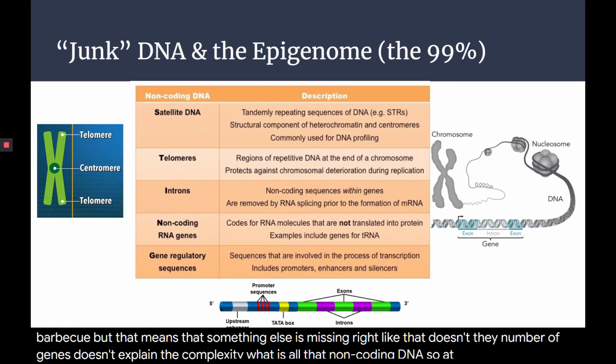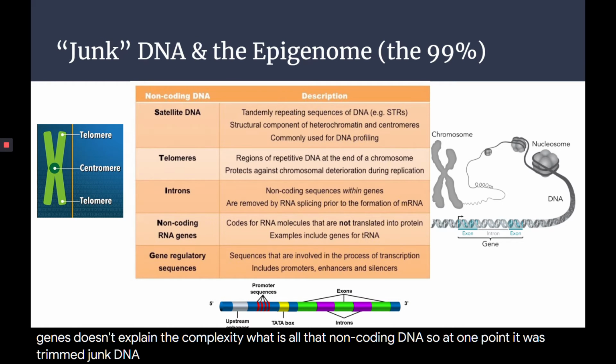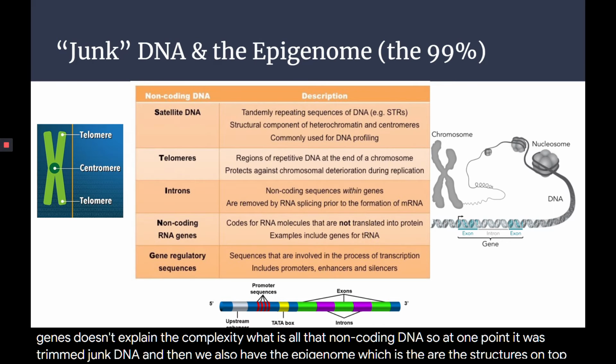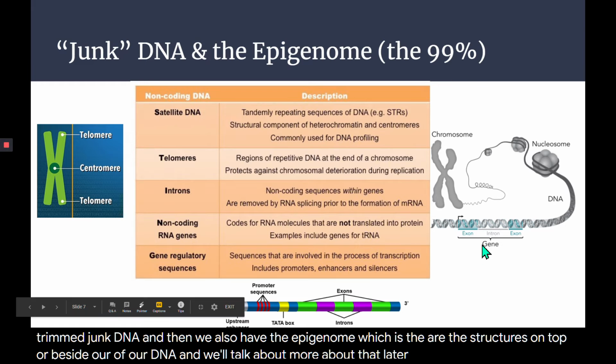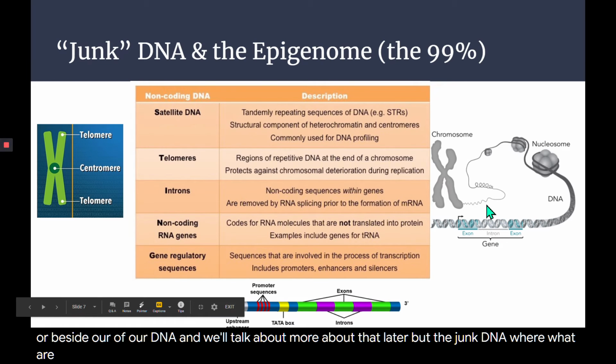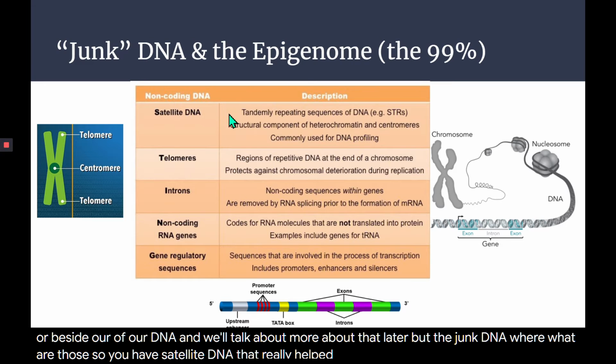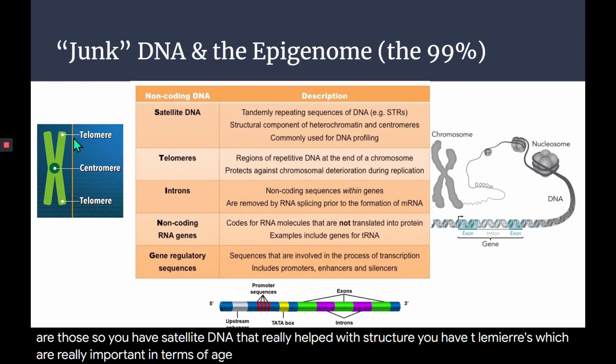So at one point it was termed junk DNA, and then we also have the epigenome, which are the structures on top or beside our DNA, and we'll talk more about that later. But the junk DNA, what are those? So you have satellite DNA that really helps with structure. You have telomeres, which are really important in terms of aging and disease.